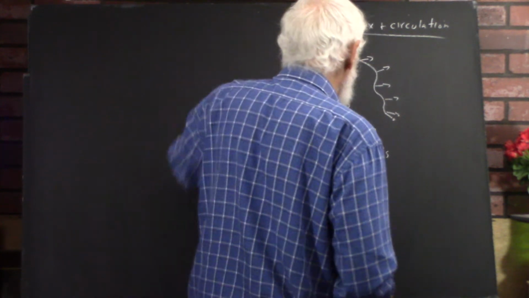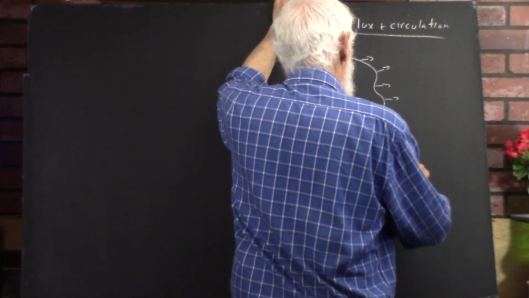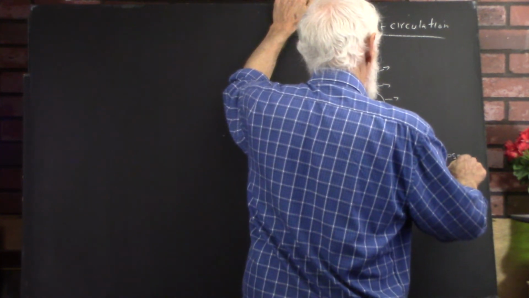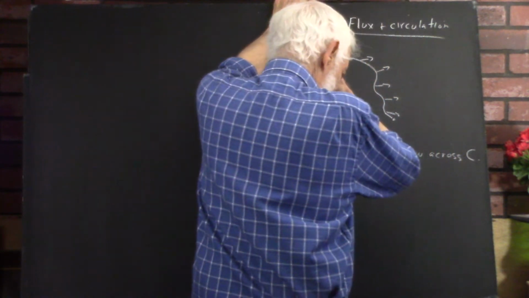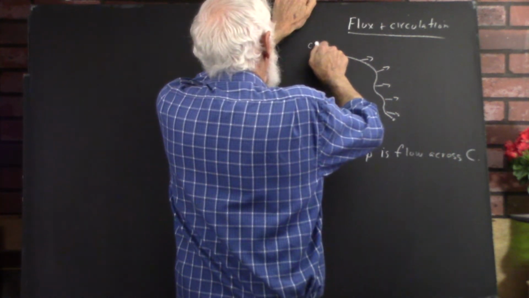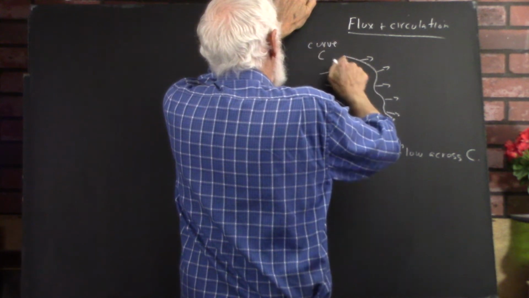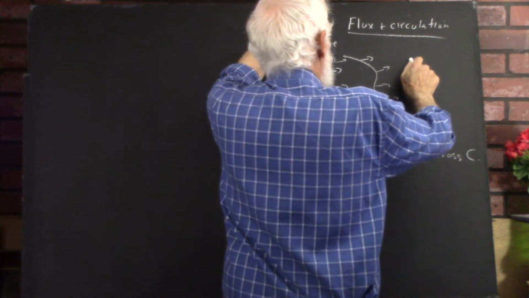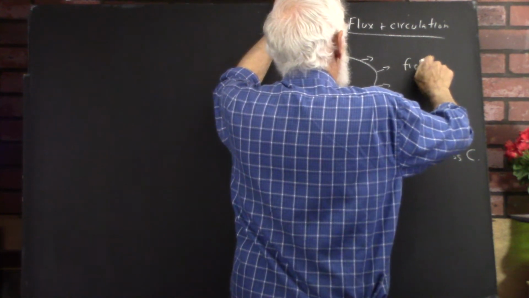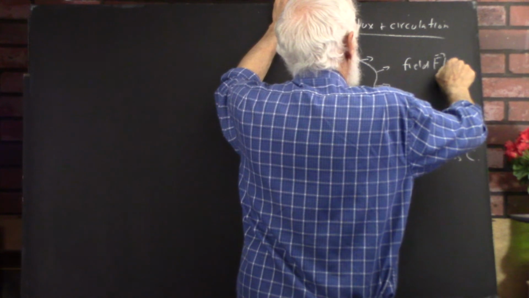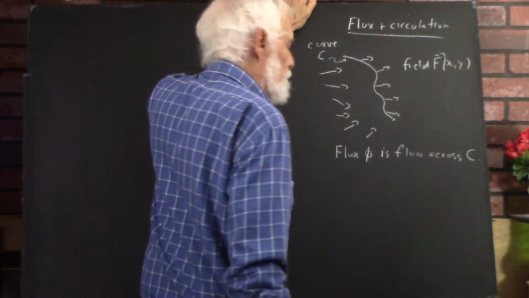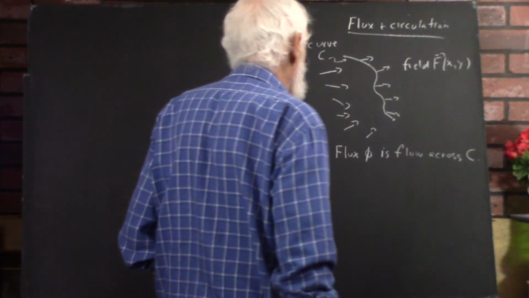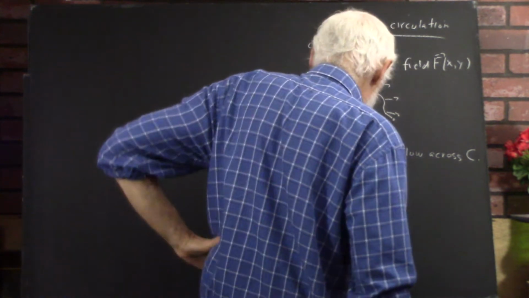Anyhow, the flux is the flow across C. So here's your curve, C, and here's your field, F of x, y. Now none of this depends on the field being conservative. But anyhow, the flux is the flow across the curve.